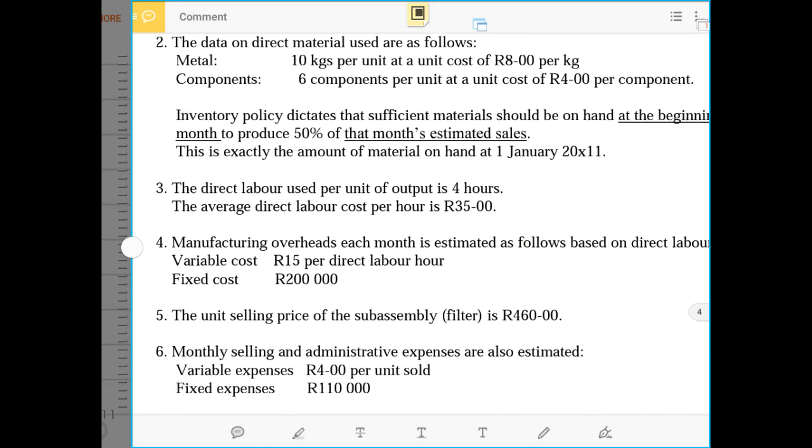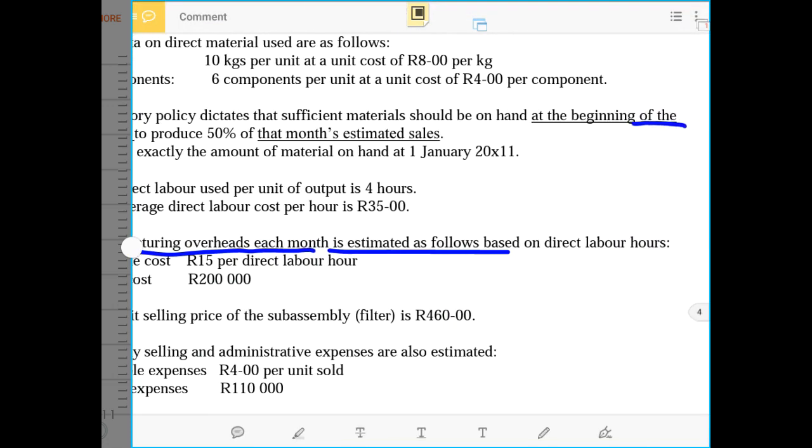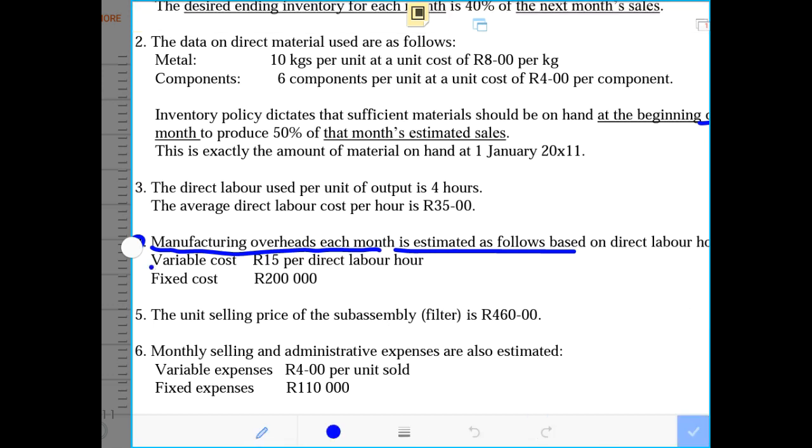Then under number 4, they speak of the overheads. They say that manufacturing overheads each month are estimated as follows based on the direct labor hours. That means our overheads are based on direct labor hours. They give us that our variable cost of overheads is 15 rand per direct labor hour.